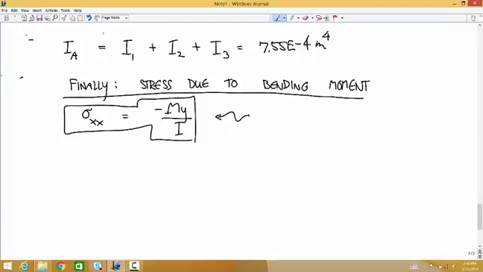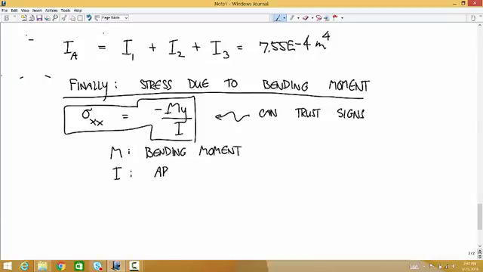And you can just trust the sign on this one. You don't have to think about directions outside of this. Okay, so M is the bending moment. That's the internal load for the beam. I is the area moment of inertia about the neutral axis.